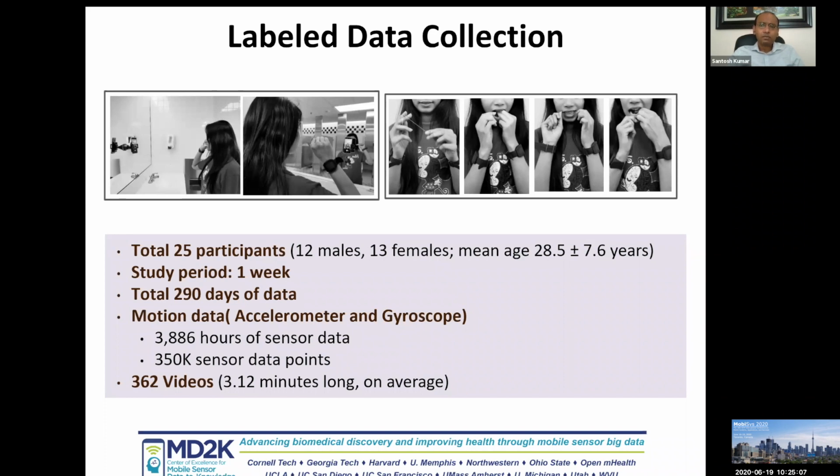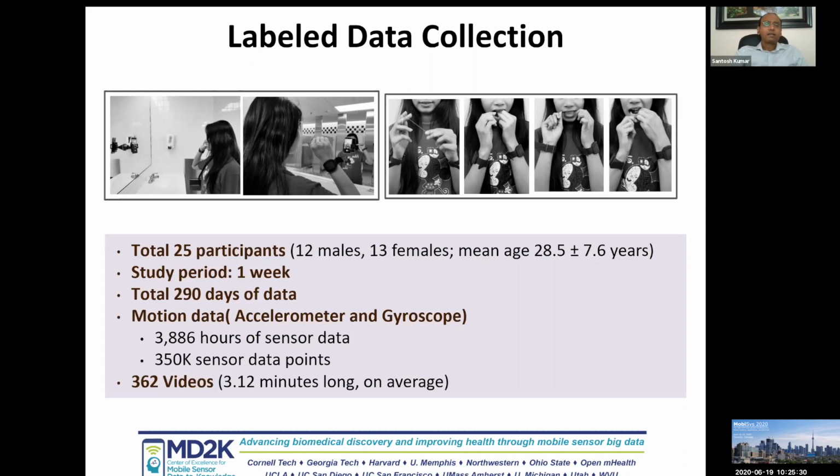For assessment of false positives, we assume that when they were not reporting brushing, they did not have a brushing episode. Largely when people are out and about in their daily life, unlike smoking, they may not be brushing or flossing.